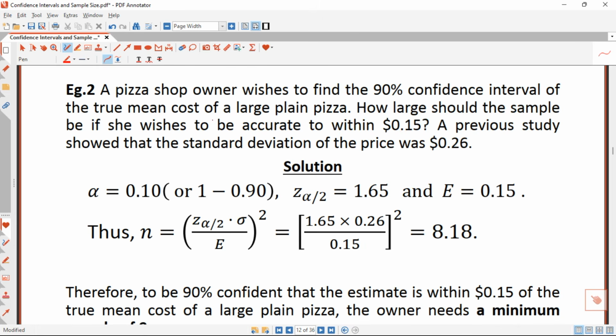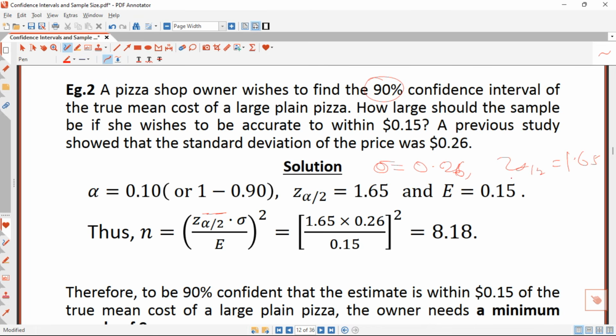A previous study shows that the standard deviation of the price was 0.226. So we have our population standard deviation to be 0.226, and our z subscript alpha divided by 2, since we are at a 90% confidence level, will be 1.65.